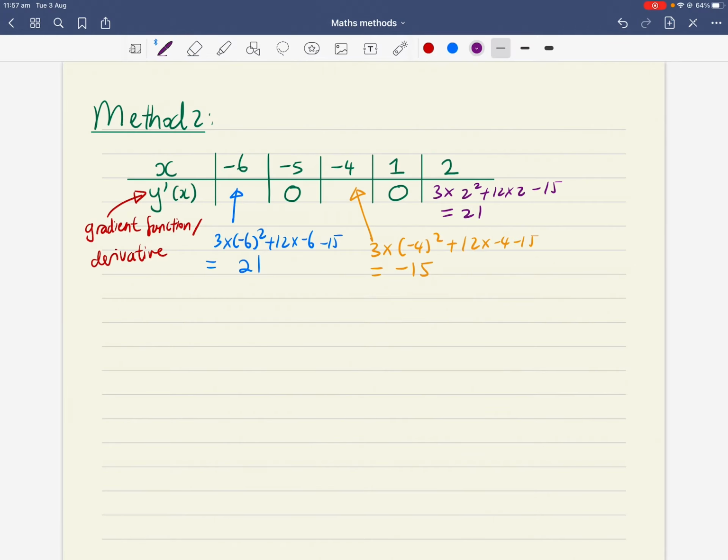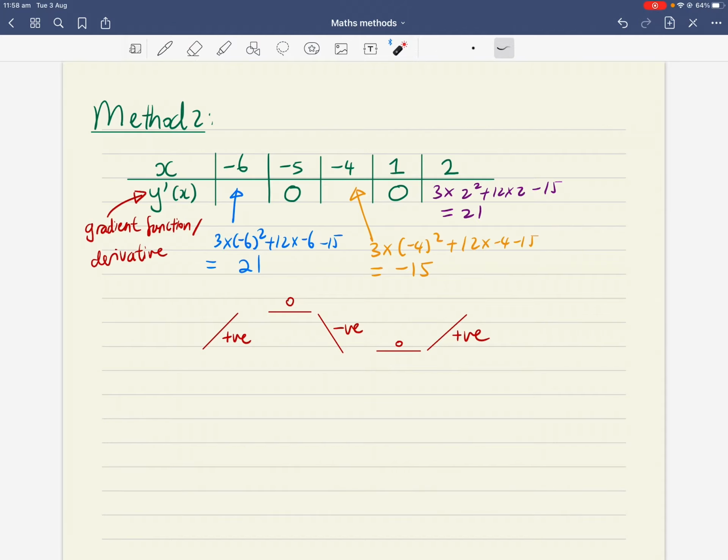What that tells us is that we can compile a visual understanding of what's happening with our gradients. At -6, our gradient is going upwards because it's positive 21. Then it's going flat at 0 for -5. And then it's going negative because it's -15, so it's going downwards. Then it's going flat at the next stationary point, and then it's going back up again at positive gradient 21.